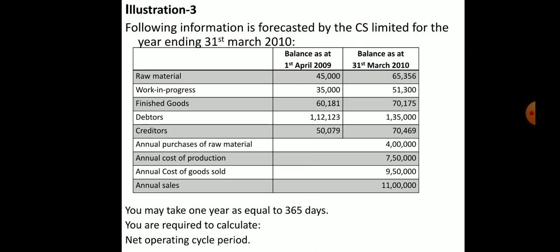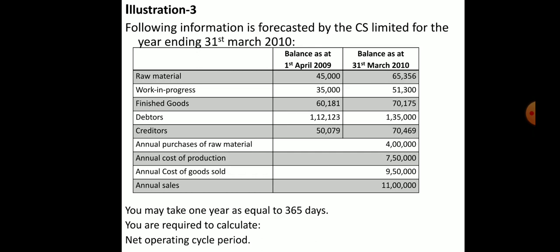Here they have already given cost of production and cost of goods sold, so there is no need to calculate those. You only have to calculate raw material consumed, the first step: raw material opening balance plus purchases minus closing stock of raw material. That gives raw material consumed. The remaining items they have already given in the problem.